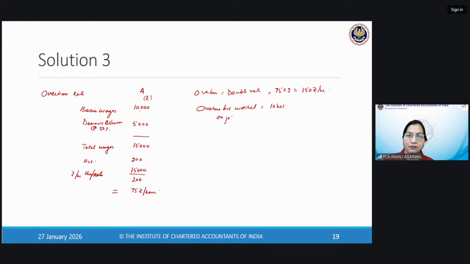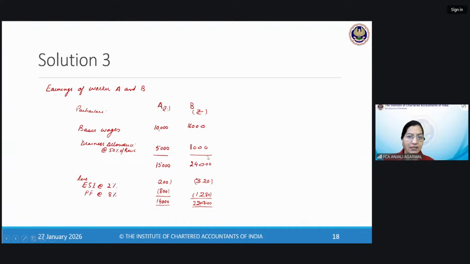On job Y. So 10 into 150, 1,500 is the additional income of worker A, which will be charged to Y only. Now, when we are calculating the wages of worker A, overtime payment will also be made to him, 1,500. So this will be 15,500.